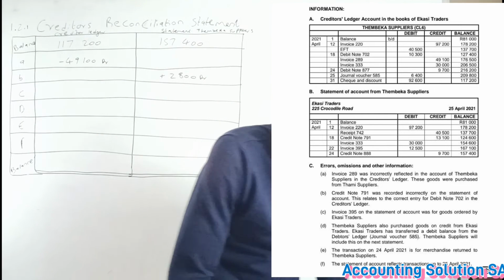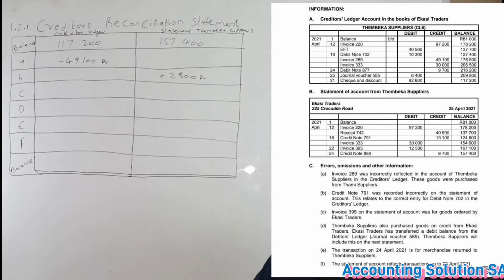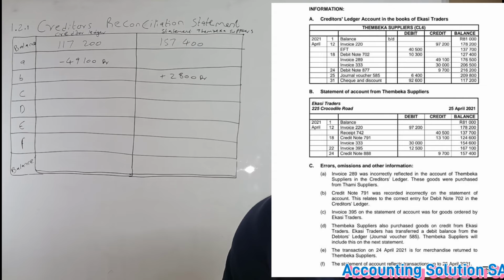Then we go to number C. They said the invoice of 395 on the statement of account was goods ordered by a currency trader. So we have to check 395. 395 is 12,500. Was it recorded on that side? Invoice 395? No, it's not recorded at all on the creditors ledger account. So now what do we do?